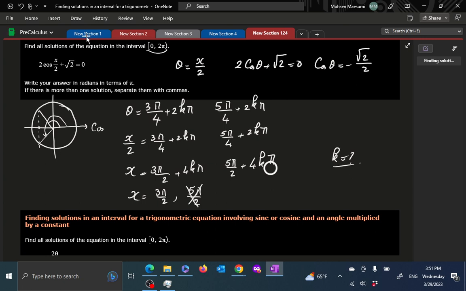You subtract 4 pi from it, it becomes negative, and that one is also out. So the only answer that survived all of this screening process was 3 pi over 2. So 3 pi over 2 is our final answer.